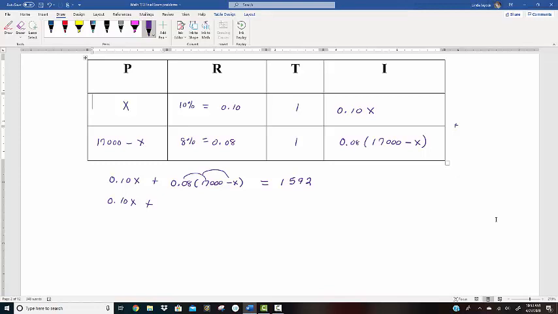So when I multiply the 0.08 times 17,000, I'm going to get 1360. And then minus 0.08x.